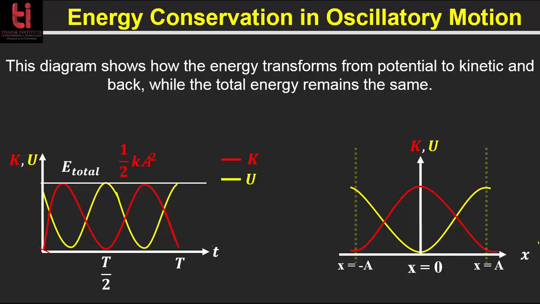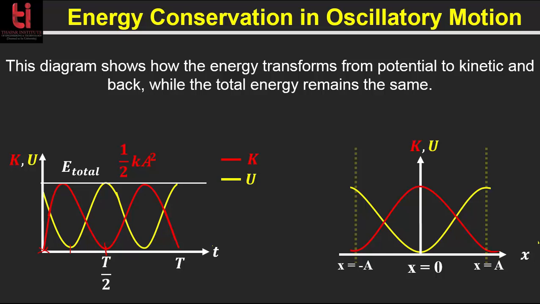If we start from one of the limiting values of the displacement, either from the extended part of the spring or from the compressed part of the spring, we get kinetic energy 0, and at that position the potential energy has the maximum value. Now when it completes half of the cycle, up to here, the potential energy is again maximum and the kinetic energy is 0. But at the equilibrium position, here, the energy is all kinetic.